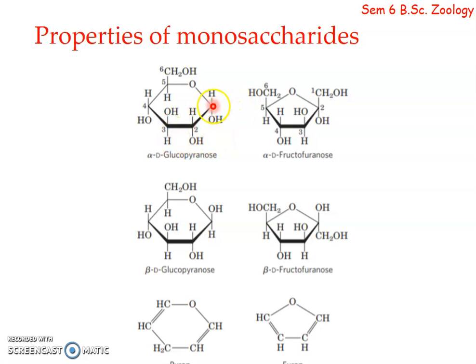Now, with respect to the C1 carbon, when the hydroxyl group is below the plane, it results in alpha-D-glucopyranose. And when it is above the plane, like this, it forms beta-D-glucopyranose. This is the six-membered pyranose structure formed from glucose. Glucose is an aldohexose. But what happens in the case of fructose? Fructose is slightly different because it is a ketose.